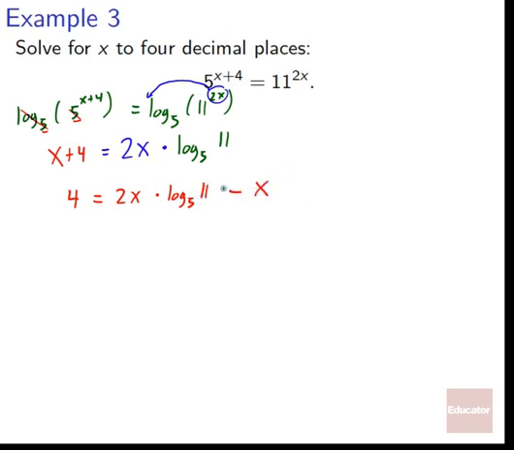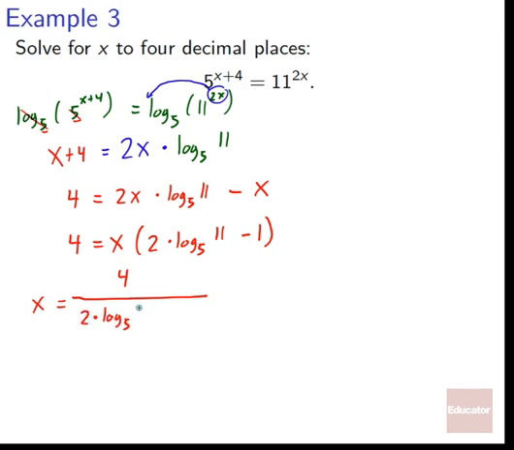Now at this point we can see, hey, there's an x here, there's an x here. We can pull out the x's, and we'll get 4 equals x times 2 times log base 5 of 11 minus 1. We can divide this over. So we have x equals 4 divided by 2 times log base 5 of 11 minus 1.